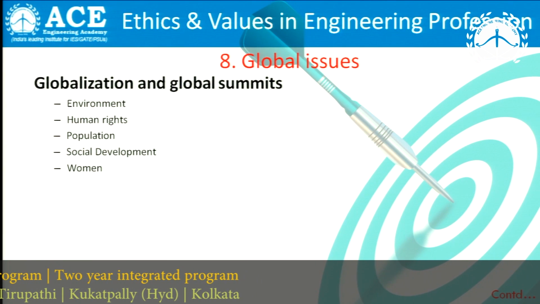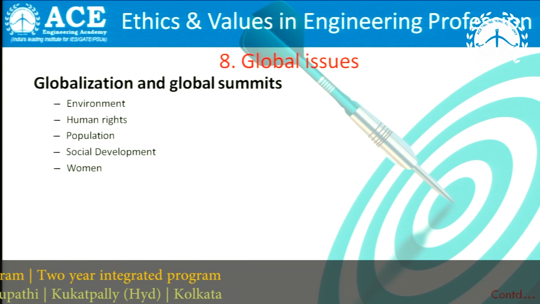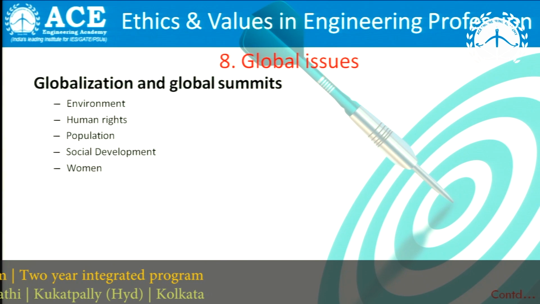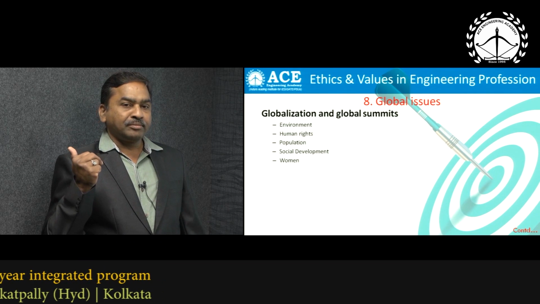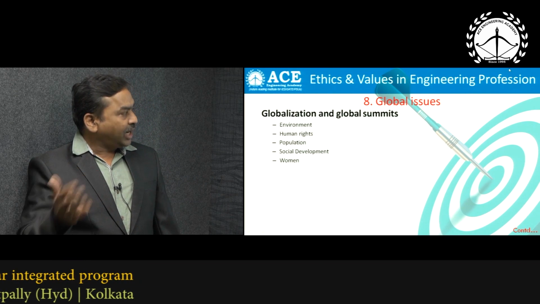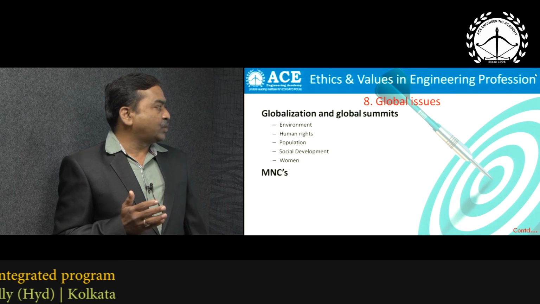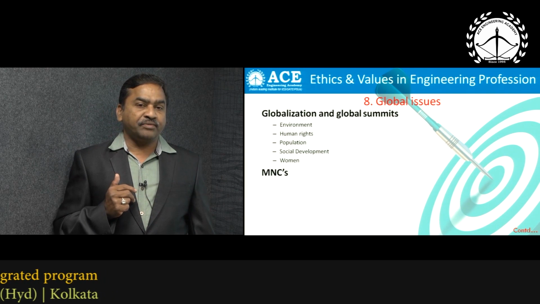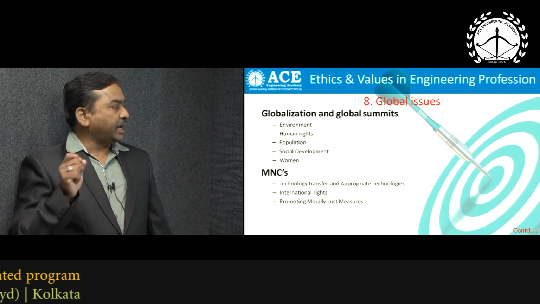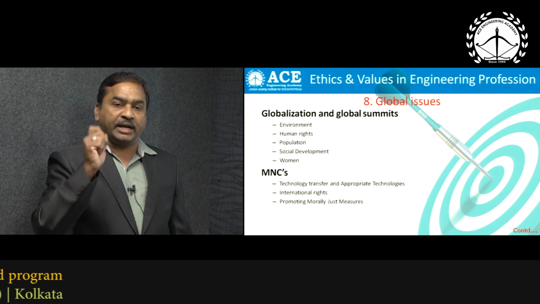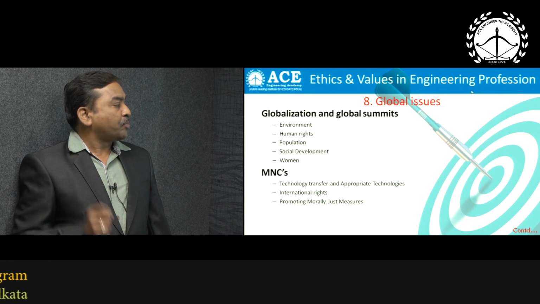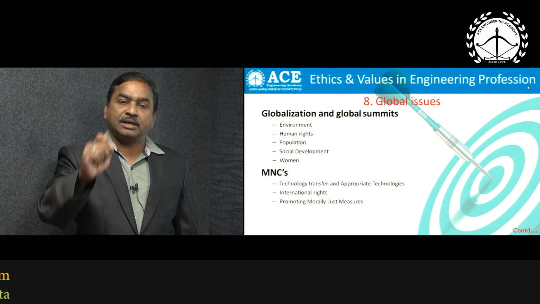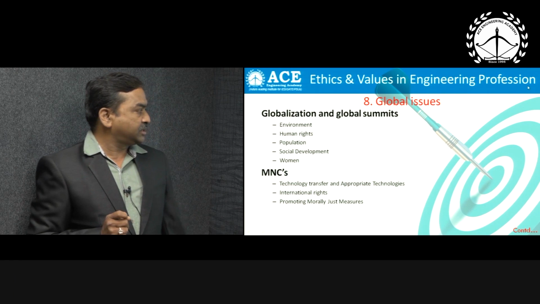In the recent past, we have seen certain global meets happening. An international environment meet was held, human rights meets are held, population is a problem, meets were held, social development and women meets were held. What are the responsibilities of MNCs here? Technology transfer and appropriate technologies, and then international rights, promoting morally just measures are all important topics.